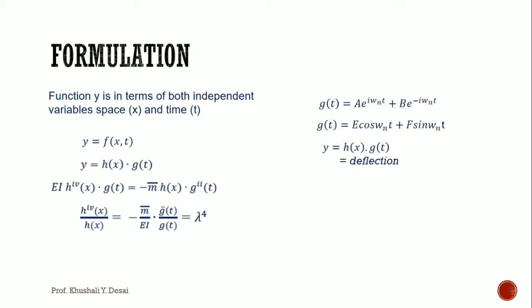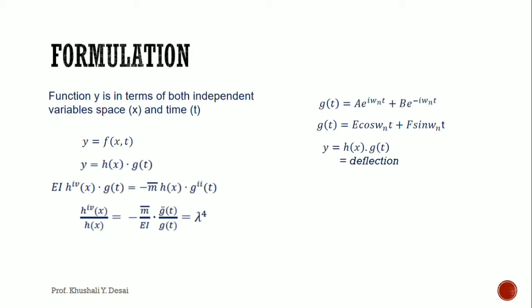So g of t is equal to a e raised to i omega n t plus b e raised to minus i omega n t. Substituting values of cos and sin, this is the final equation of g of t. And the final deflection y is given as again the multiplication of h of x and g of t.